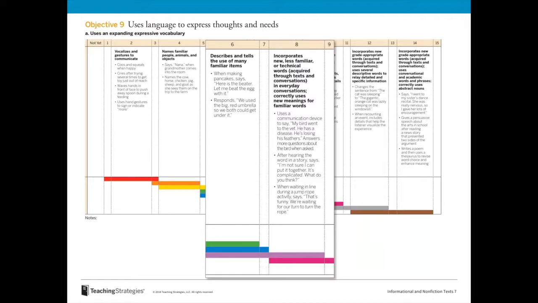So they can tell you how to use that gadget they want for Christmas, and they know exactly how to reset a phone if they need to. Somehow these children are very, very good at naming and describing uses of many things. And then as they get a little older, they're able to incorporate new, less familiar or technical terms.